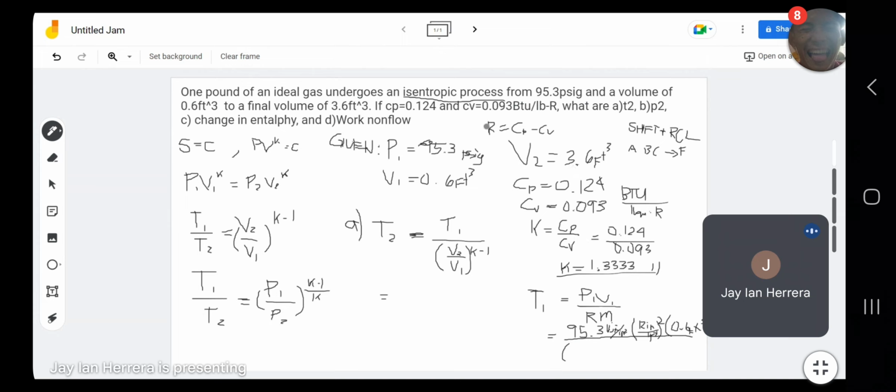So that is 0.124 minus 0.093 BTU per pound mass Rankine, multiplied by our mass, given as 1 pound.